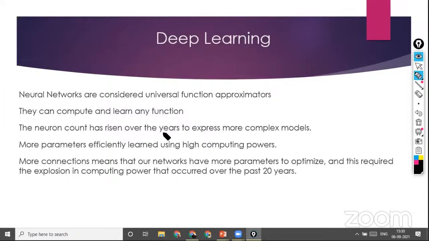A lot of complex deep learning models have evolved recently, with increasing computing power. For the past 20 odd years, computing power has improved a lot, and that's one of the drivers behind the popularity of deep learning.